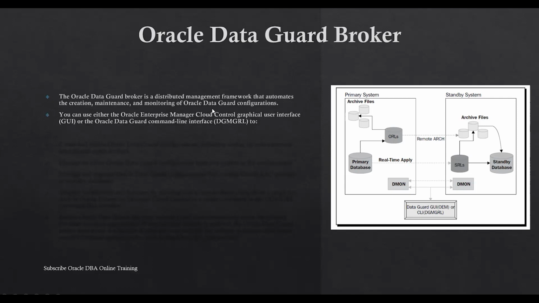You can use either the Oracle Enterprise Manager Cloud Control graphical interface, or the Oracle Data Guard command line interface, that is also called DGMGRL. I have already covered these parts. You can refer to my previous videos on how to configure DGMGRL in any production environment or standby database.